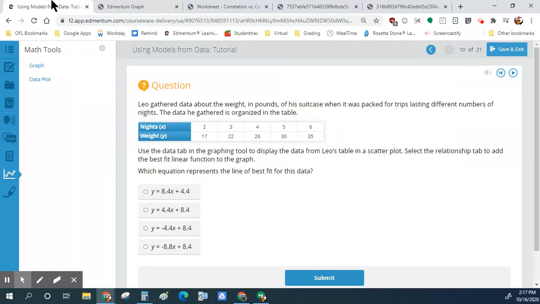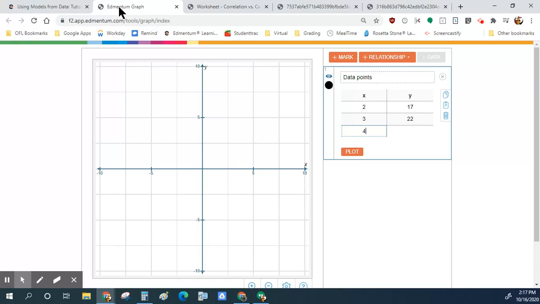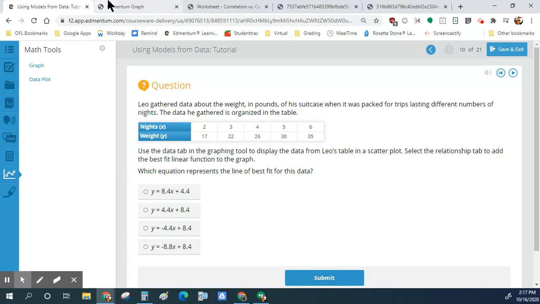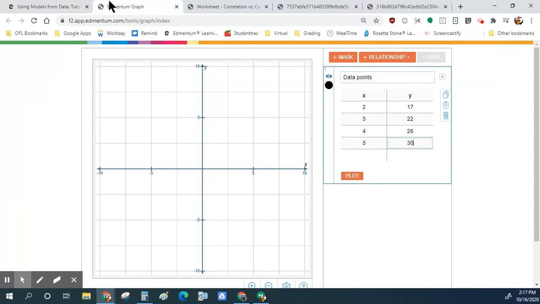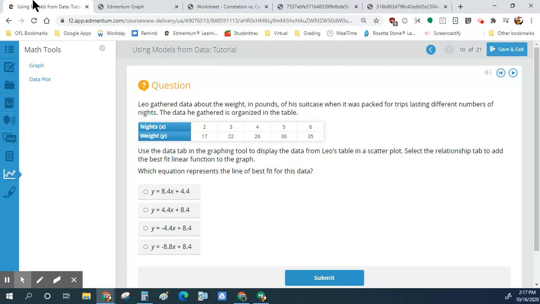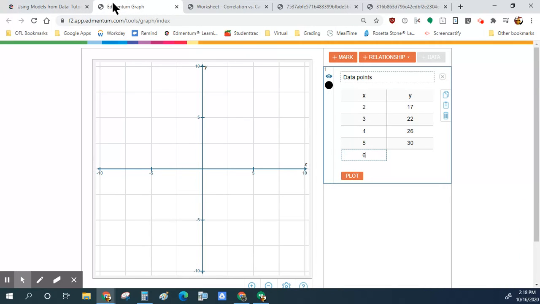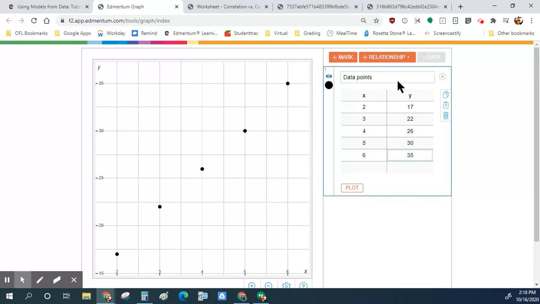Then I'm going to have 4, tab, 26. Then 5, tab, 30. Go back over here, and I'm going to have 6, tab, 35. I'm going to click plot, and go to relationship, linear.